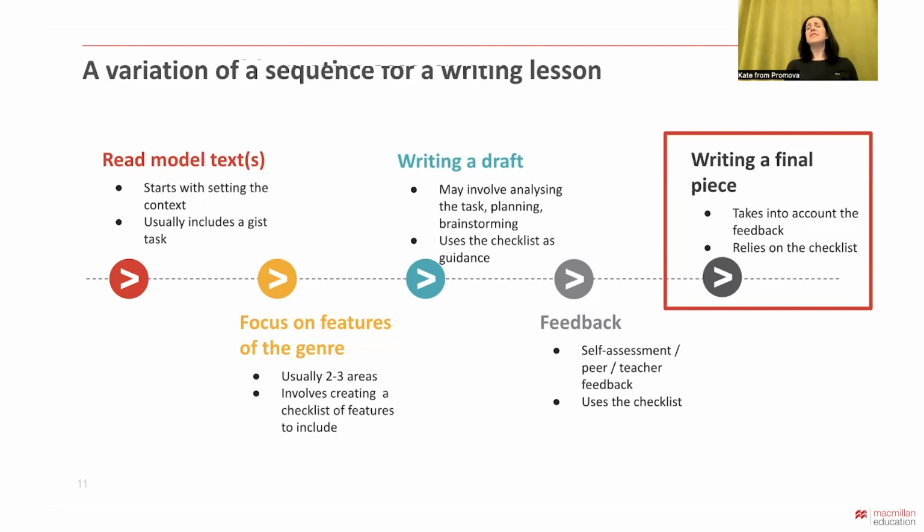So formative assessment of writing is really important because it helps with a lot of different aspects. It helps the students to understand their own errors, and it helps them learn from them. And they can see those things for themselves.